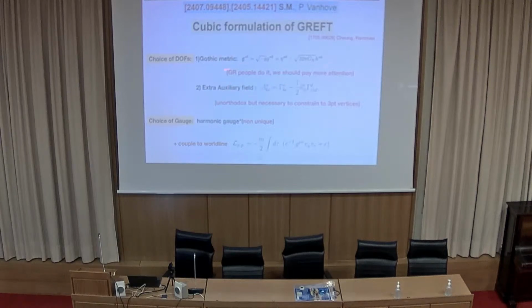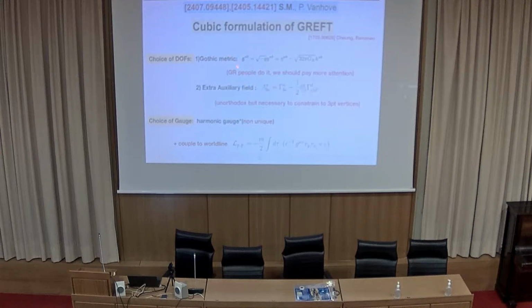So we use as a degree of freedom the Gothic metric, the inverse Gothic metric. And then we are also introducing this extra auxiliary field which is connected to the connection. It seems unorthodox, but it's necessary in order to rewrite exactly the Einstein-Hilbert action with respect to only cubic interactions. And in a moment we will see why the cubic interactions are important. This formulation looks a bit like the Palatini formalism for those who work on that.